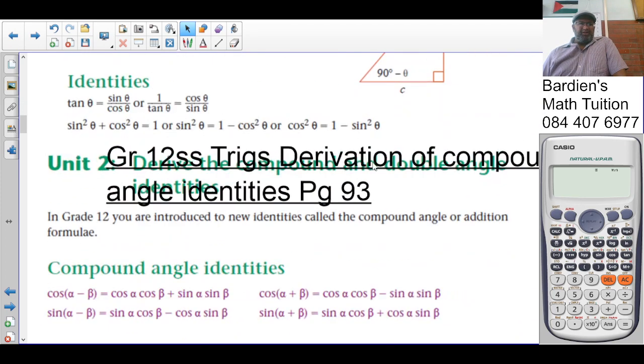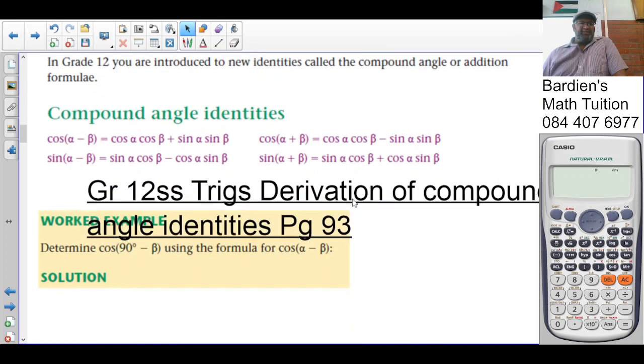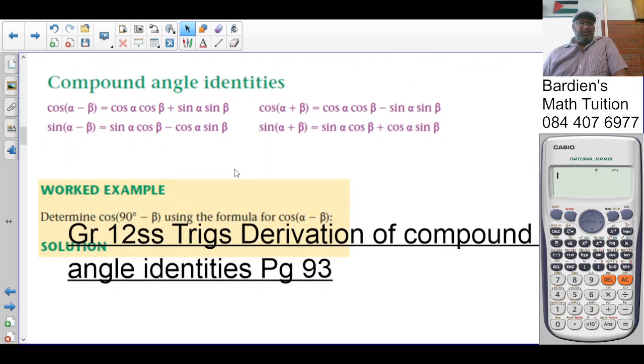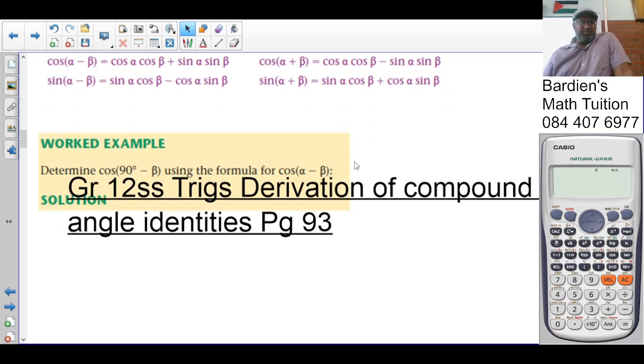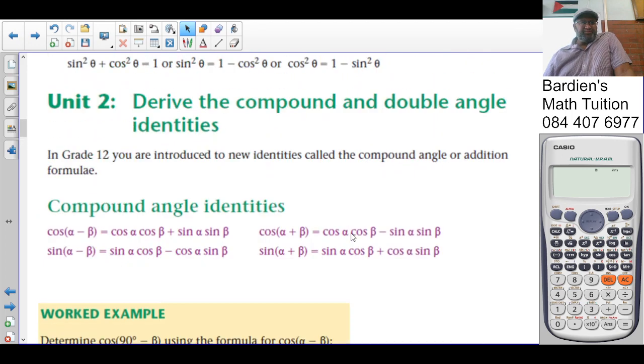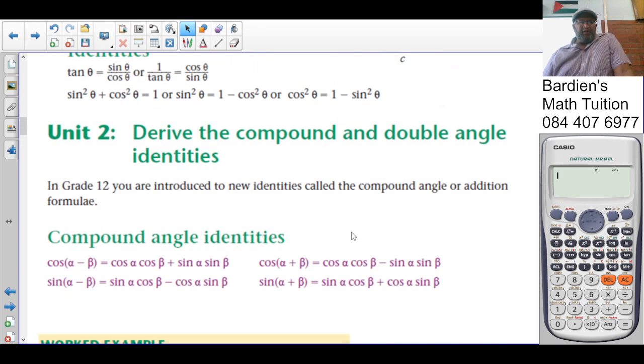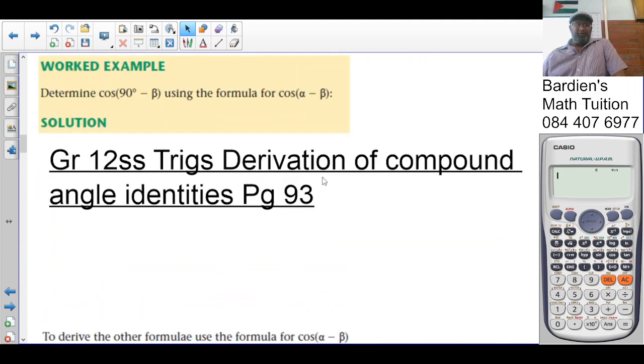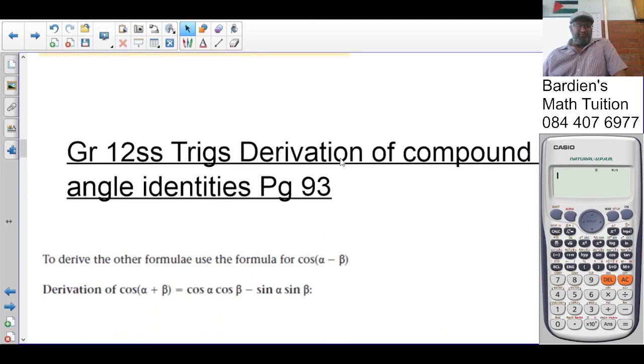Alright, so we spoke about co-ratios, we spoke about identities, and so on. Okay, so the compound angle identities are identified as this. That's also given on your formula sheet. Now, the compound angle identity proof is not required for examination purposes.